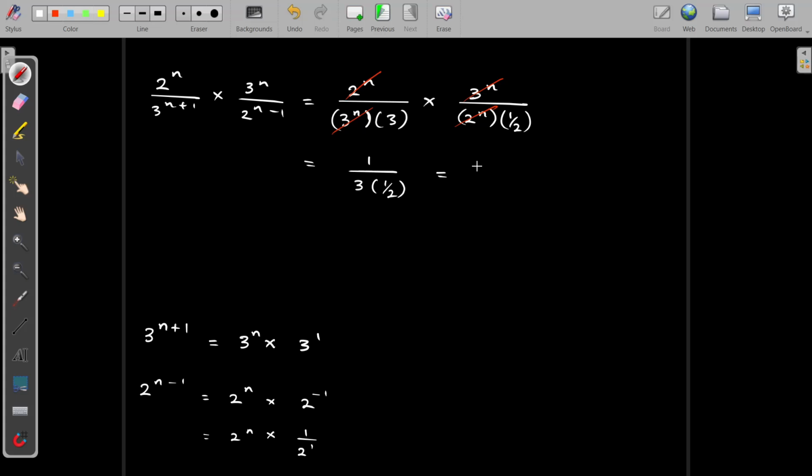So this will give us 1 over 3 times 2 over 1. So that's just 2 over 3. And that would be your answer. So 2 over 3 is equal to 0.666.